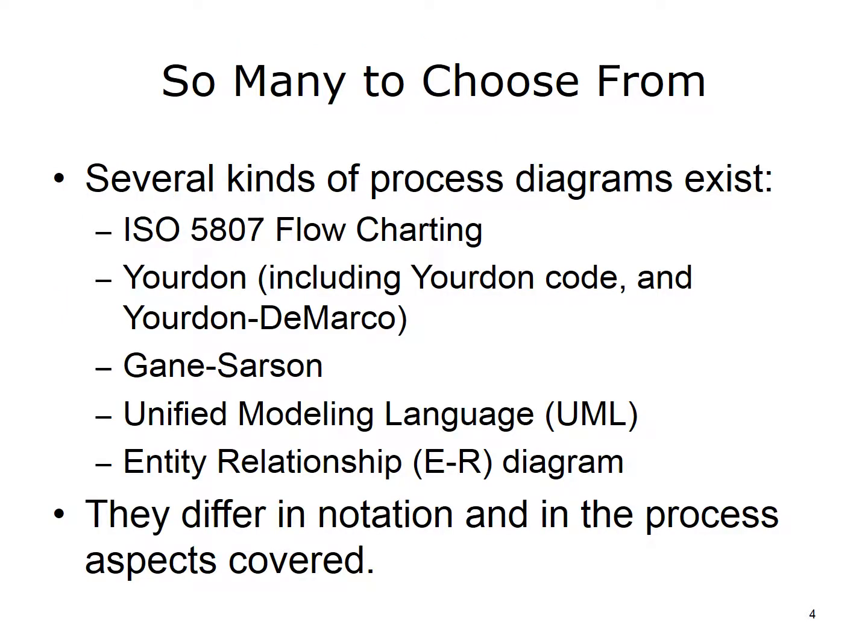There are different kinds of process diagrams. They differ in the aspects of processes they represent and in the notations, i.e., symbols and conventions used for diagramming or mapping processes.